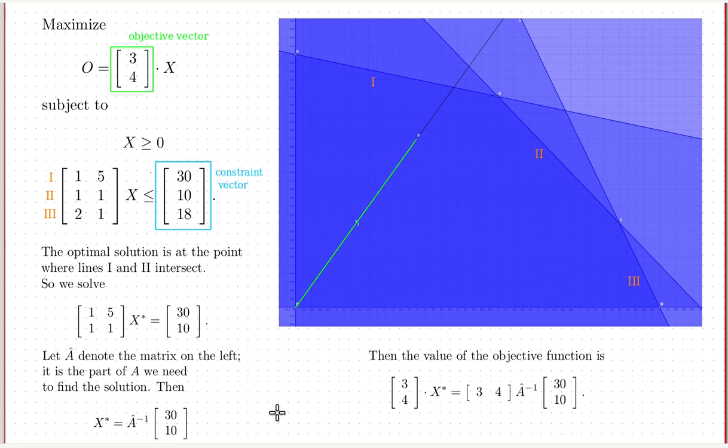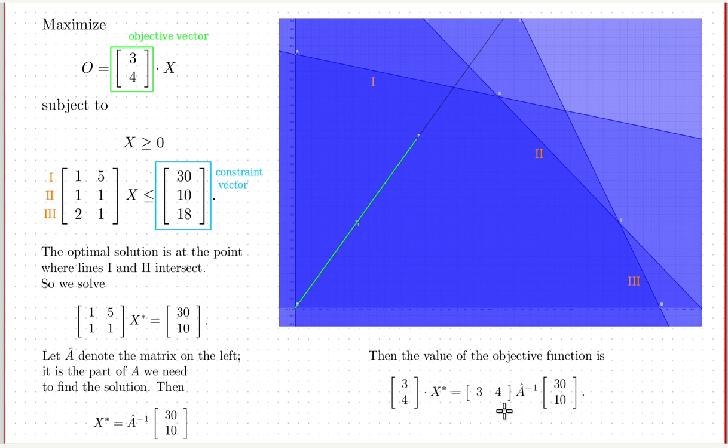So this is x star, and remember what we're really interested in is how the value of the objective function is going to change. So now that we've got x star, we want to take the dot product of the objective vector 3, 4 with x star, and I've written the whole thing out in the form of matrix multiplication. If x star is a column vector, and of course 3, 4 is a column vector, then you can take the dot product of those 2 column vectors.